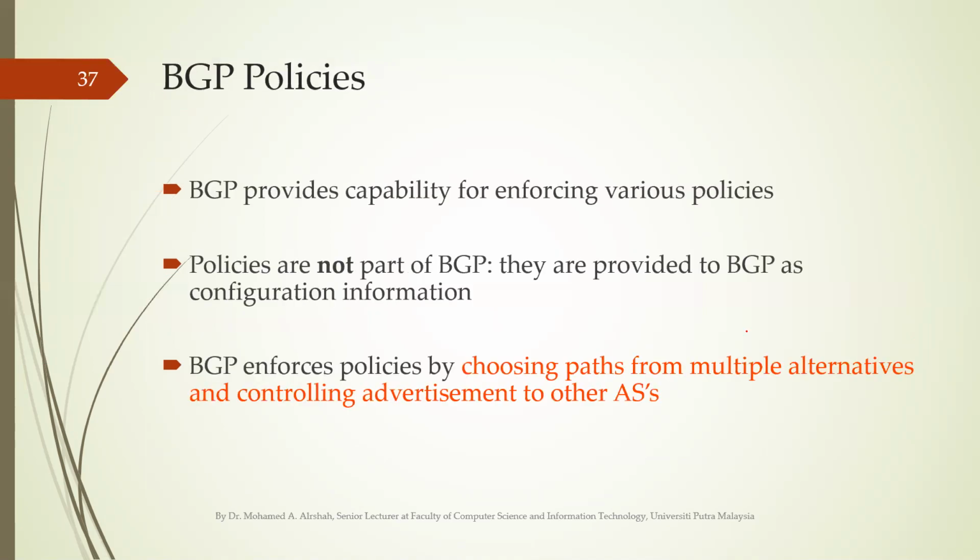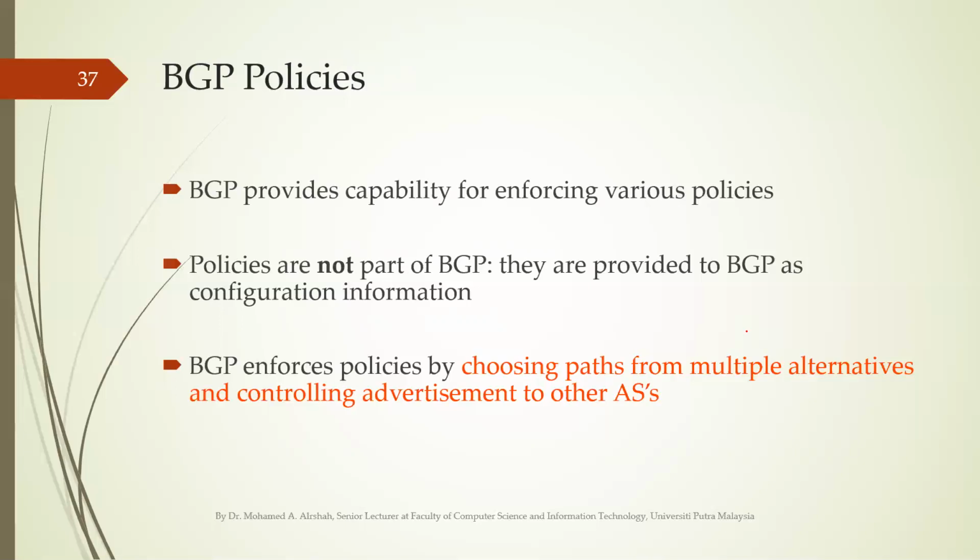Then we go to the BGP policies. BGP provides the capability for enforcing various policies. Policies are not part of BGP, and they are provided to BGP as configuration information.